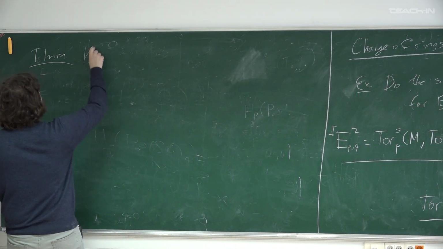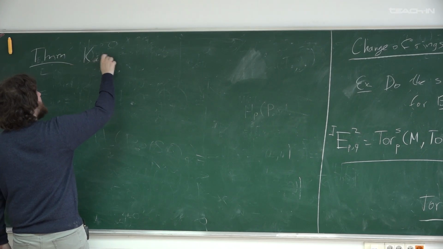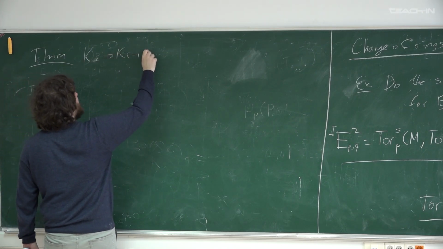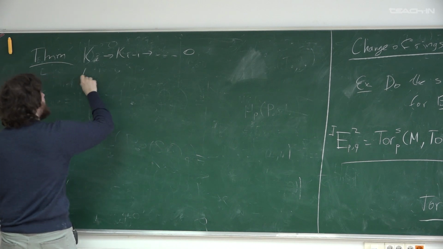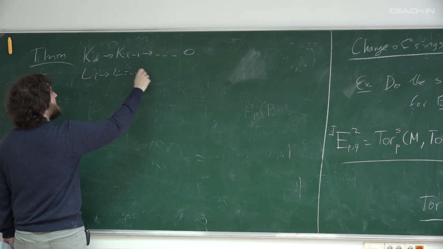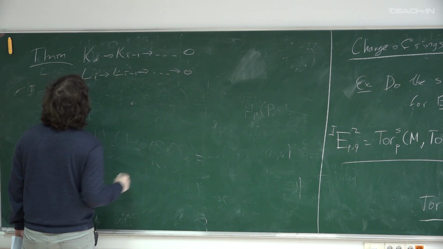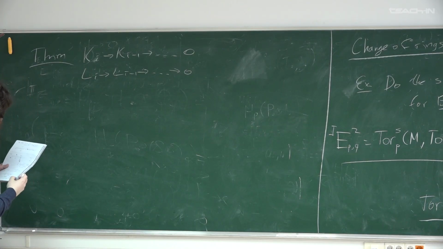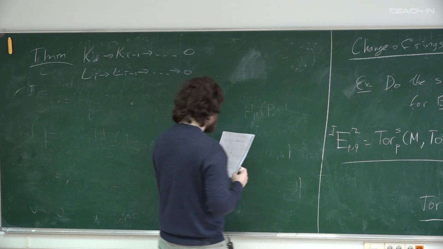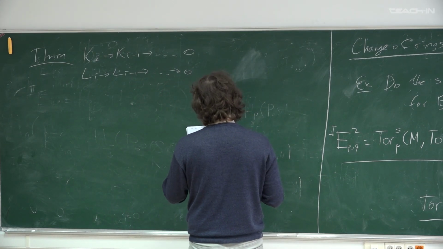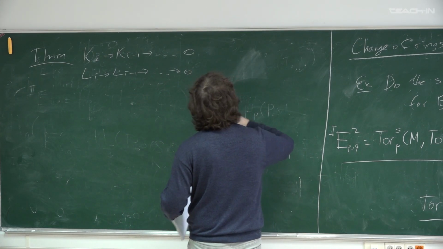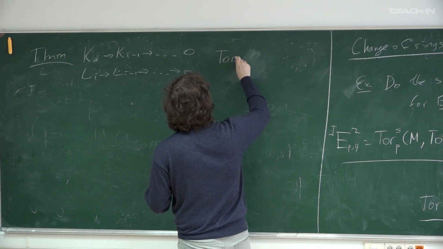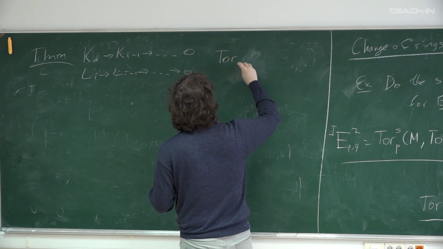I have one chain complex which ends by zeros, and another chain complex which ends by zeros, such that relative Tors are 0.